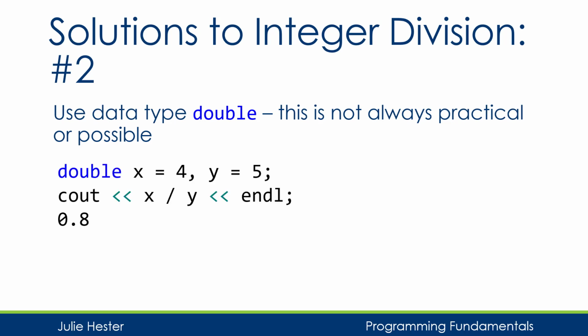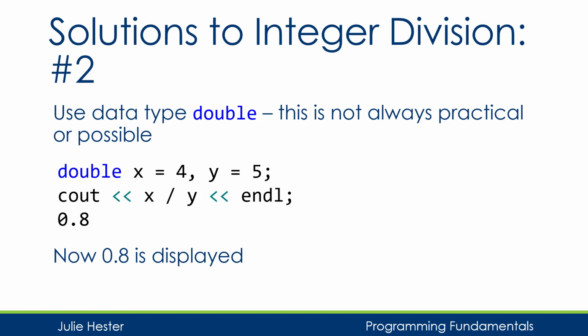So here, where I had the 4 divided by the 5, if I made the 4 and the 5 doubles instead of integers, I will see the 0.8 displayed. But again, I don't always have the flexibility to change my data type for something that might be part of a division problem.